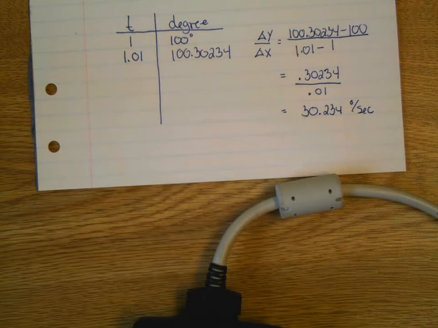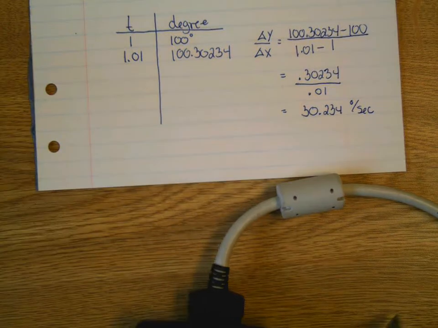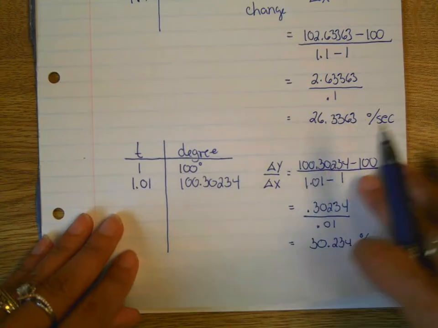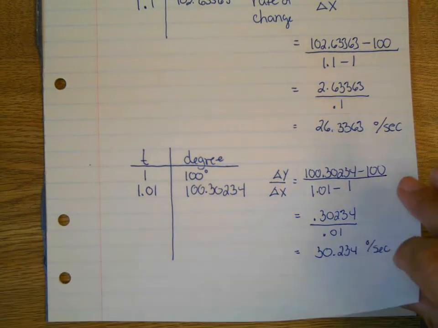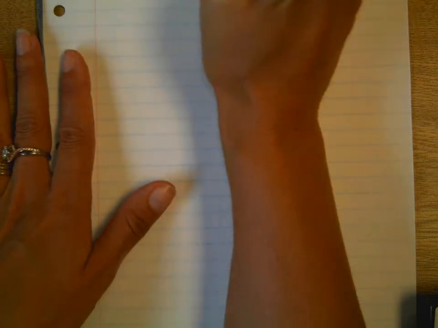How can I get more accurate than that? Well, pick your second number even closer to 1. We're going to do this 2 more times. And this time, instead of doing them separately, I'll put them all in one table so you can see what happens to that rate of change. So, time and degree.